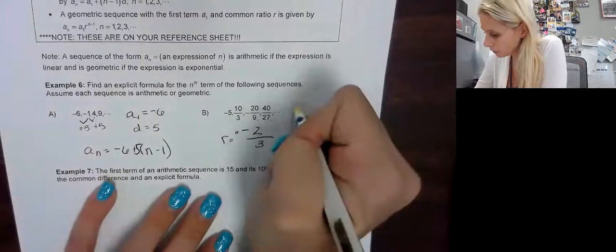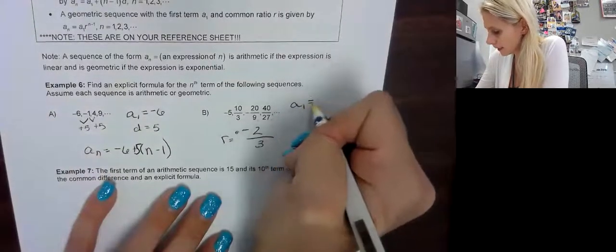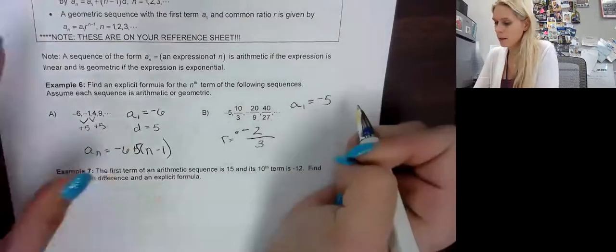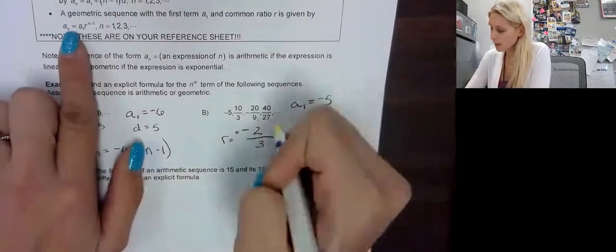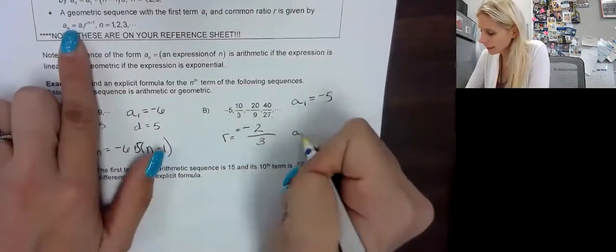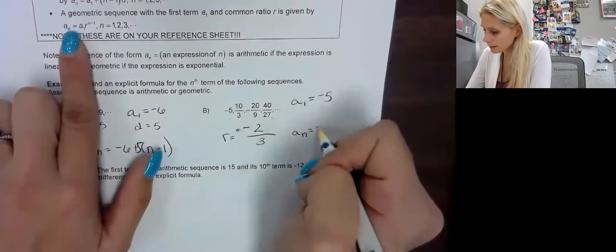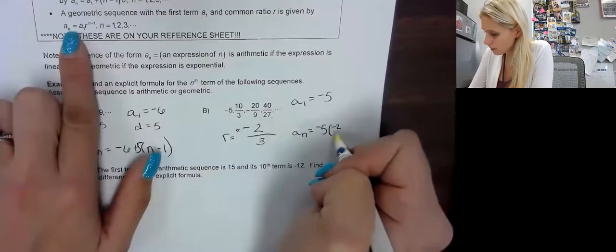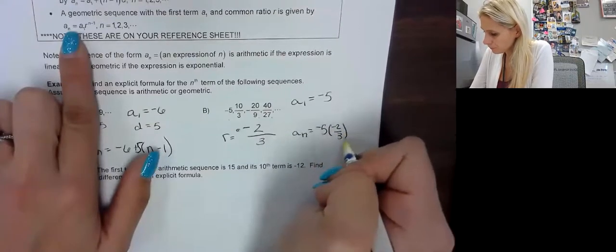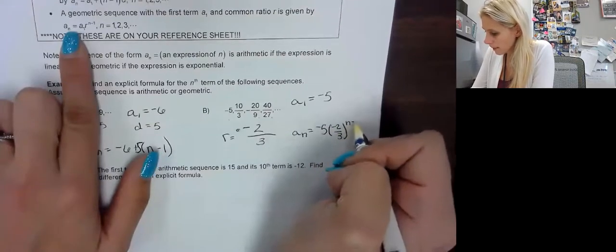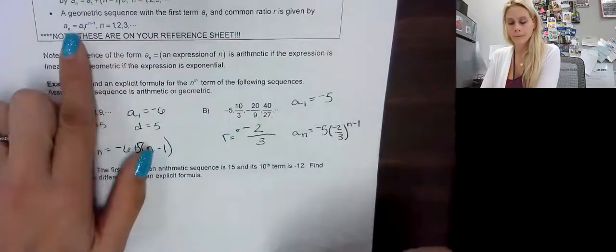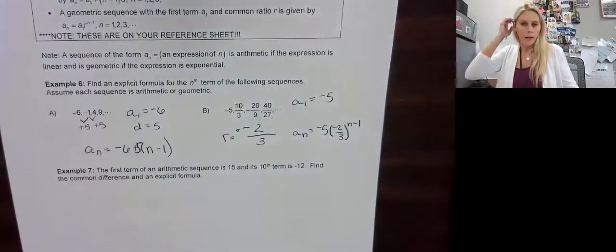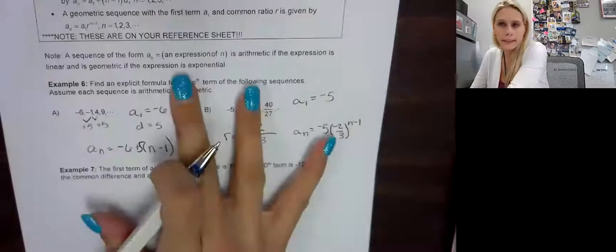And I need my first term, which is -5. So I look at my geometric formula: a subset n equals -5 times -2/3 to the n minus 1. Done.